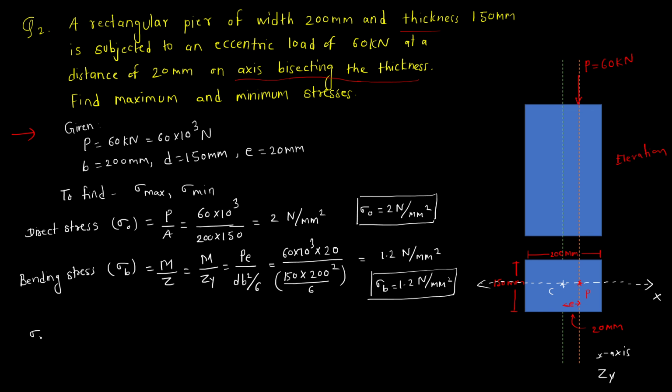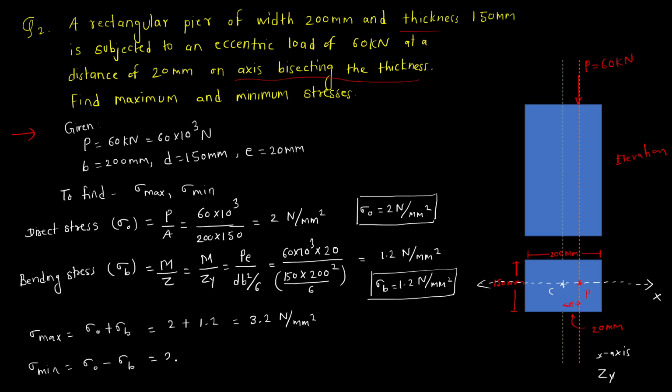Now final answer, maximum stress. What is the formula? Direct stress plus bending stress, and minimum stress is direct stress minus bending stress. So maximum stress, direct stress is 2, bending stress is 1.2, 2 plus 1.2 is 3.2 Newton per mm square.